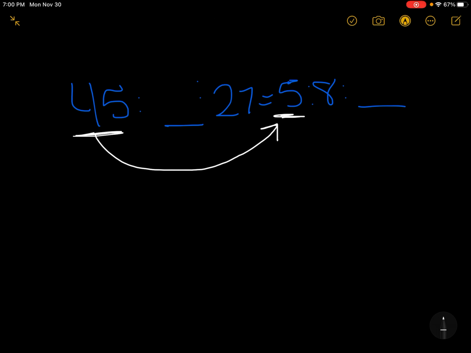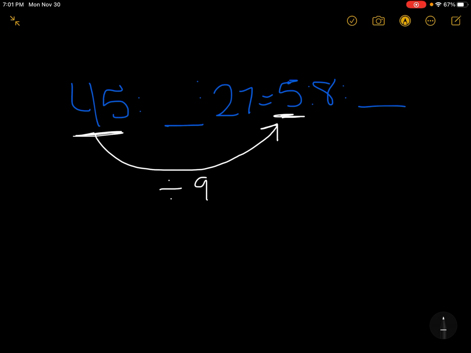We just so happen to have a number for each of the first groups in these ratios, so that's going to help us figure out what the rule is here, what we're increasing and decreasing by. So I can already see that from 45, changing it to 5, I'm going to be decreasing, which means I'm going to be dividing. And I know that I'm going to be dividing by 9 because 45 divided by 9 equals 5.